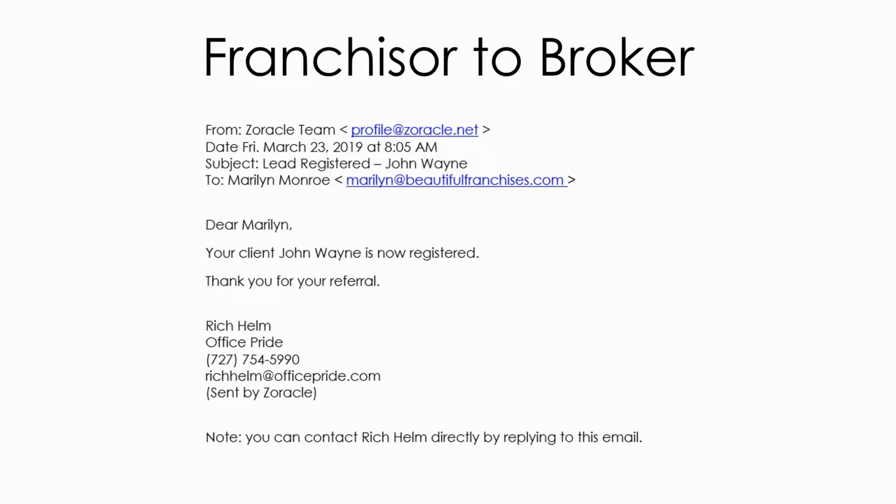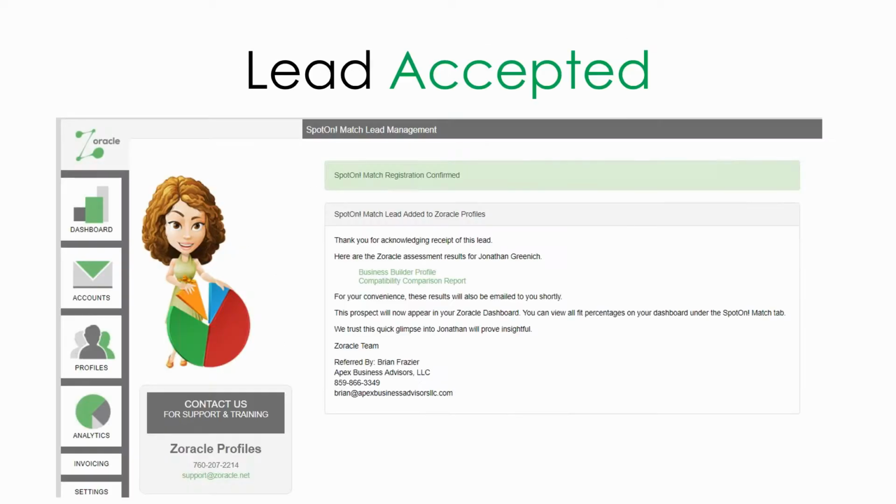Now, likely you already have most of them, but this is for those that you may not know who the direct contact is. Now, the franchisor can communicate with you directly by simply clicking respond, and they can communicate directly to you and you to them through the system if you choose. You don't have to do it this way, but this is just an option for you.